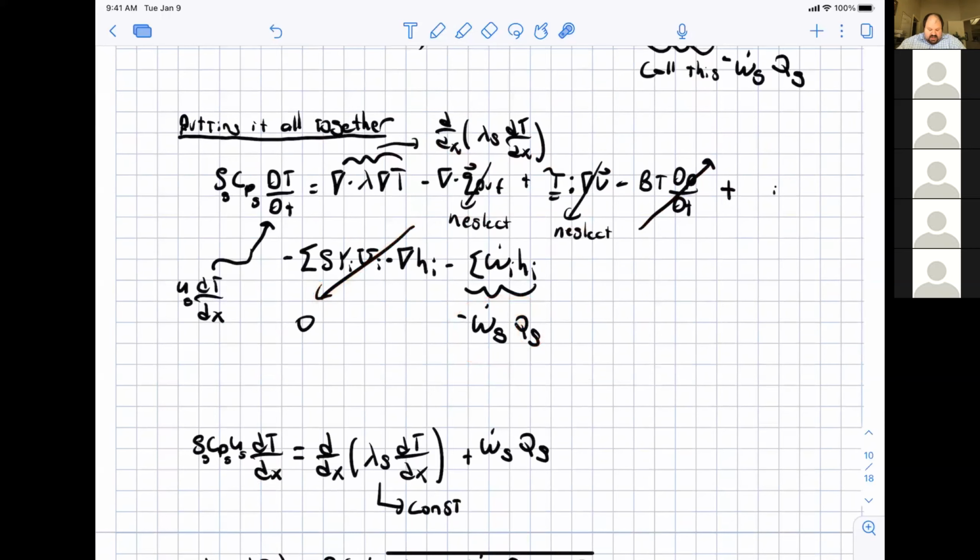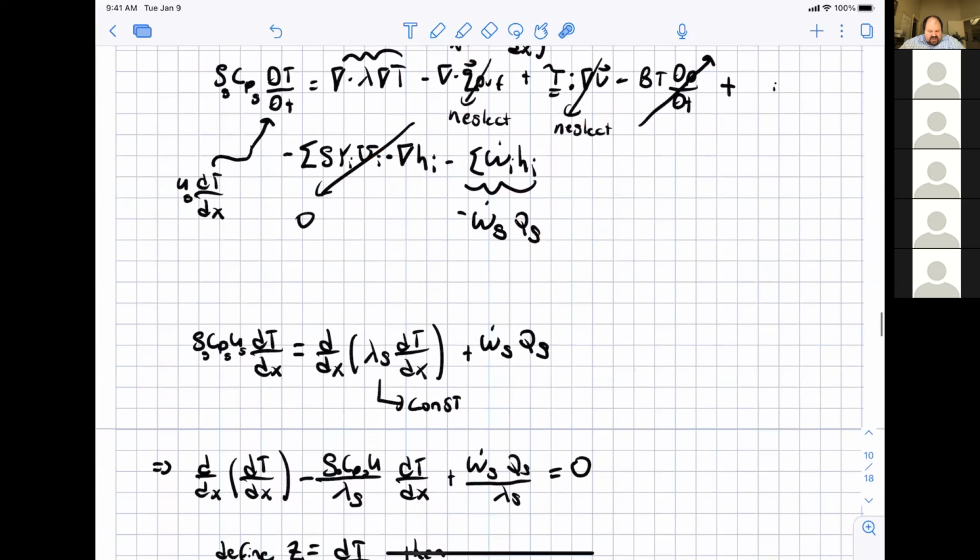Okay, so then simplifying and making these substitutions, we can show that rho g Cp times U dT/dx, or the flow of enthalpy, is equal to the divergence of the conduction heat flux plus the gas phase reaction rate times the heat of reaction.